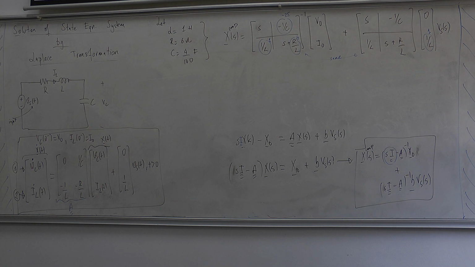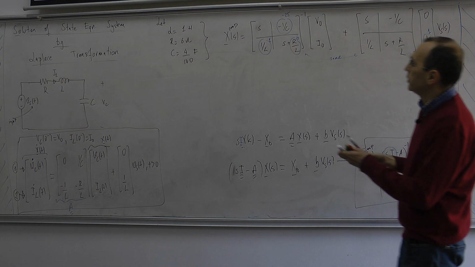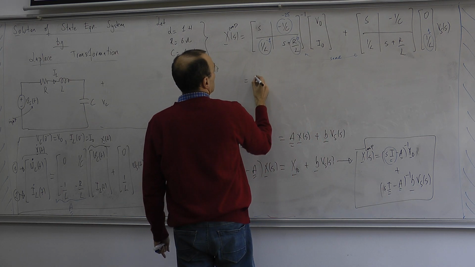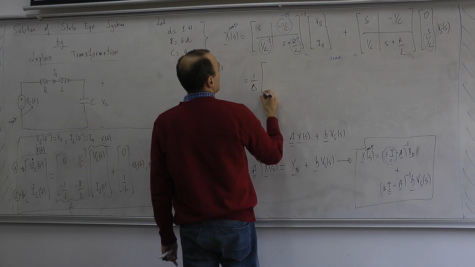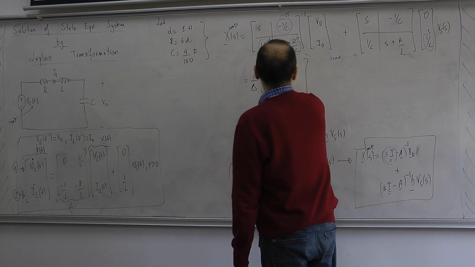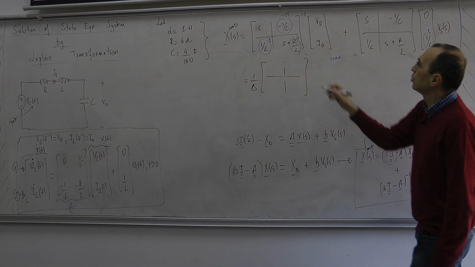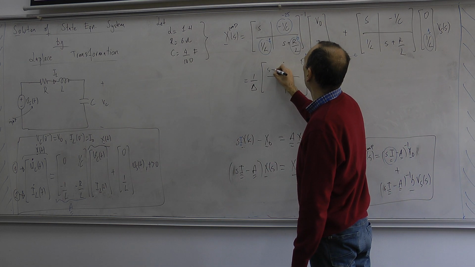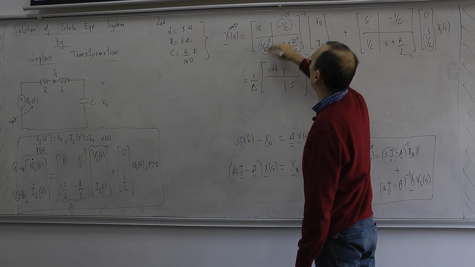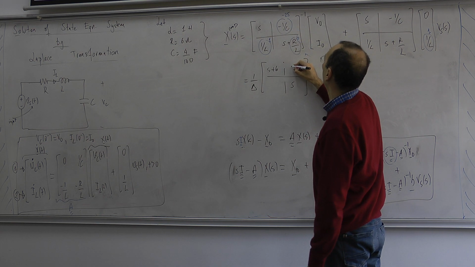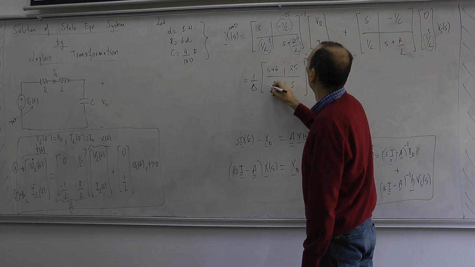Now I should take the inverse of this matrix. So I will do this, 1 over delta. I exchange these two places, s plus 6, s, and alter the signs of these off-diagonal terms, minus 1, times V0, I0.